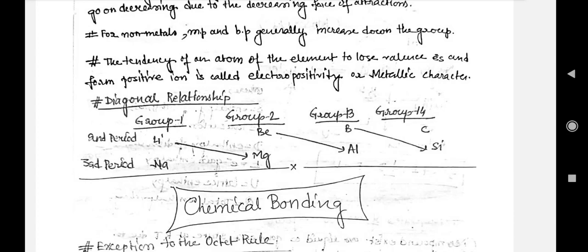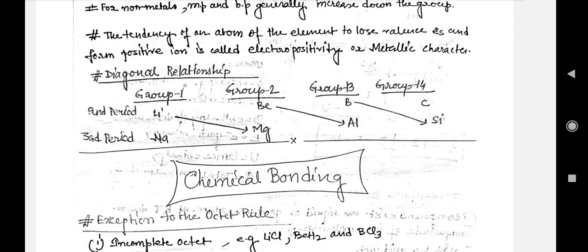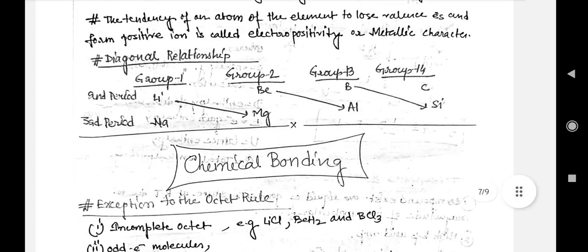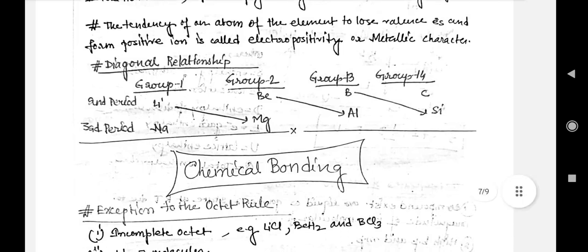Okay. Now in the periodic table, for the second period and third period, some similarity can be seen in diagonally spaced elements. For example, lithium and magnesium, beryllium and aluminium, boron and silicon. Going left to right, size decreases and all the properties change, and top to bottom, size increases and all the properties change accordingly.